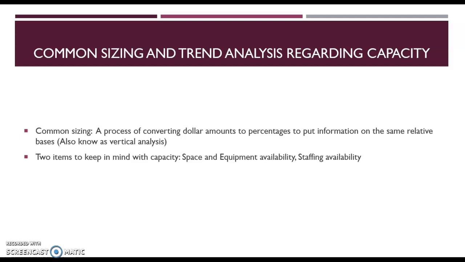The nice thing for a center-based location like mine is that I have a 10-year lease, so I know for the next 10 years what I'm going to be spending on my rent, and I know the size of the center and what I have available to offer, as well as what my staffing availability has looked like in previous years and what that will continue to look like.